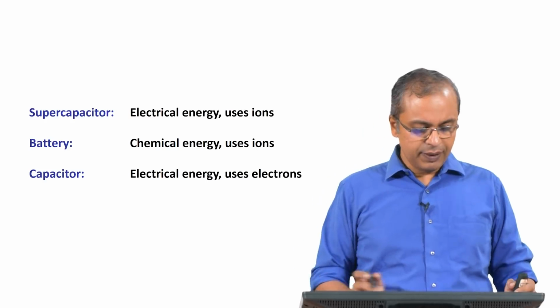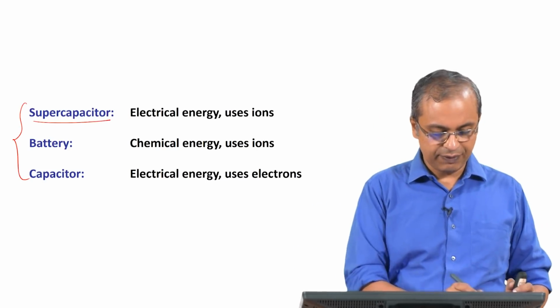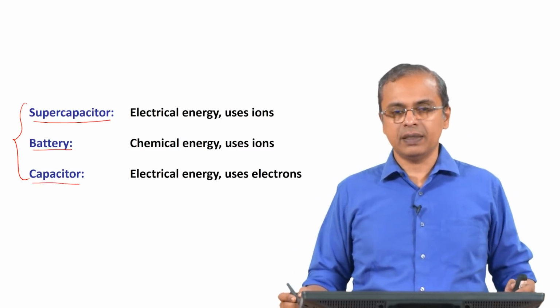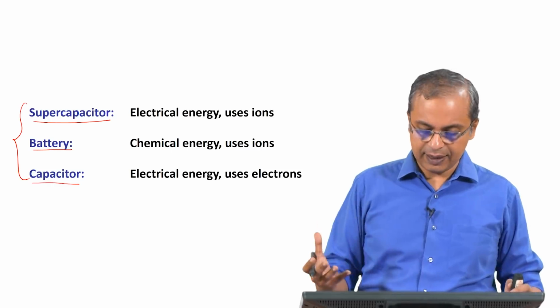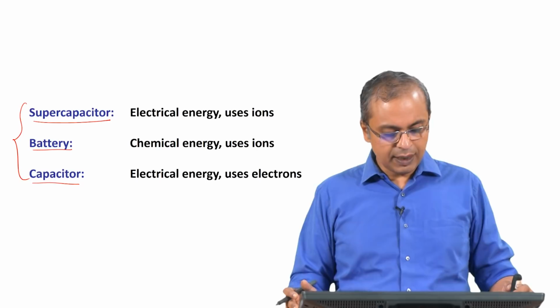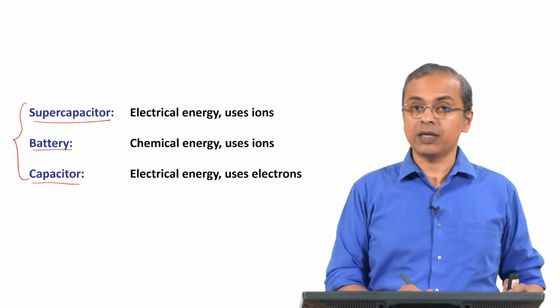Okay, so, we have three terms here, we have a supercapacitor, we have a battery and we have a capacitor. So, we will spend a little bit of time trying to understand what is the difference between these three. So, primarily if you look at a battery, we know that it is an electrochemical device.